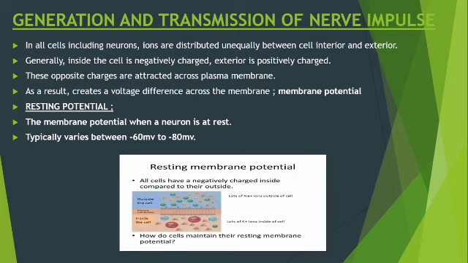Resting potential is the membrane potential when a neuron is at rest. Typically, it varies with a value between minus 60 millivolts and minus 80 millivolts. Generally, we consider it as minus 70 millivolts.